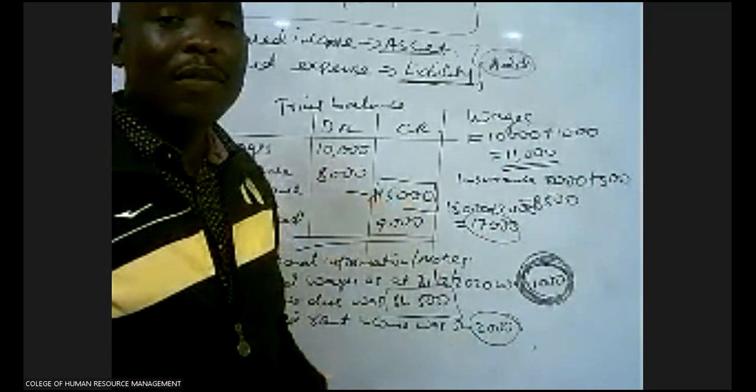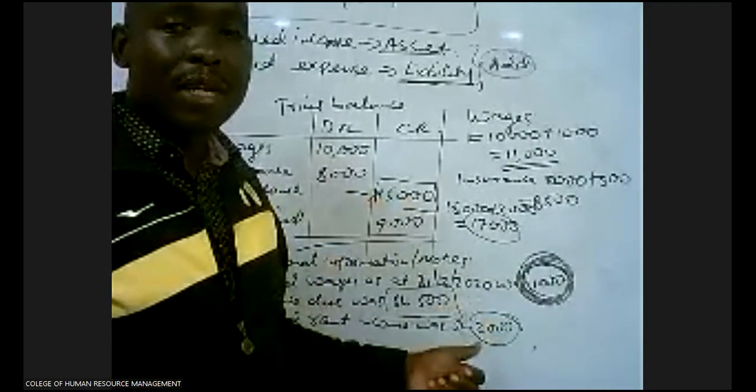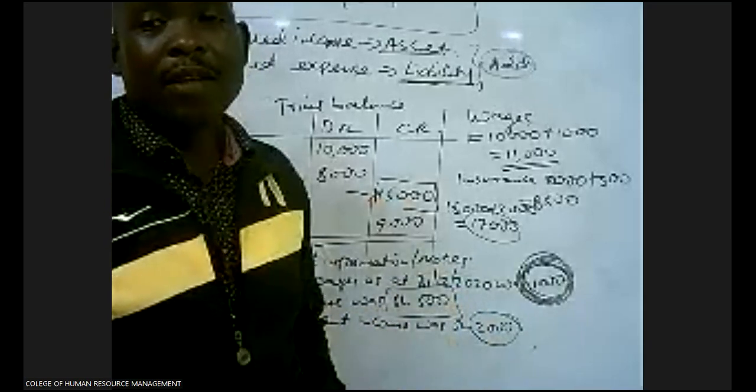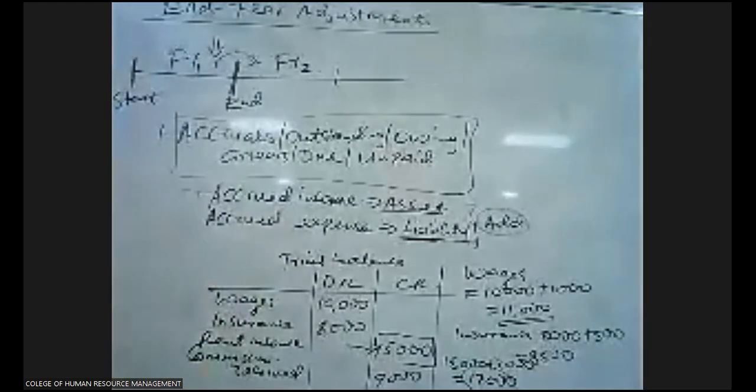If it was an expense, you take it as what? You take it as a liability. If it is an accrued income, you take it as an asset in the statement of financial position. So that is it.